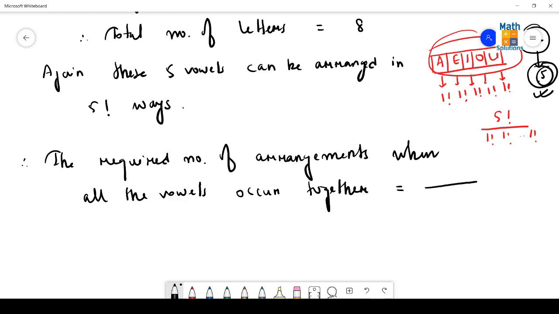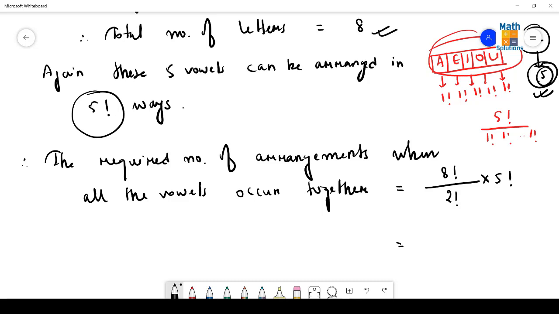It will be equal to, I shall have to write here 8 factorial, because that is the total number of letters left, including these 5 vowels as 1 letter, and there we already got that there is repetition with the letter T only. So in the denominator part we need to write 2 factorial, and again by the fundamental principle of multiplication, I have to multiply this term 5 factorial with it, because we have to consider the arrangement of the vowels also.